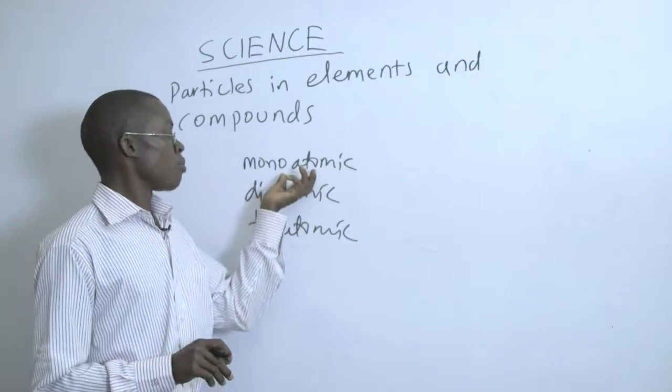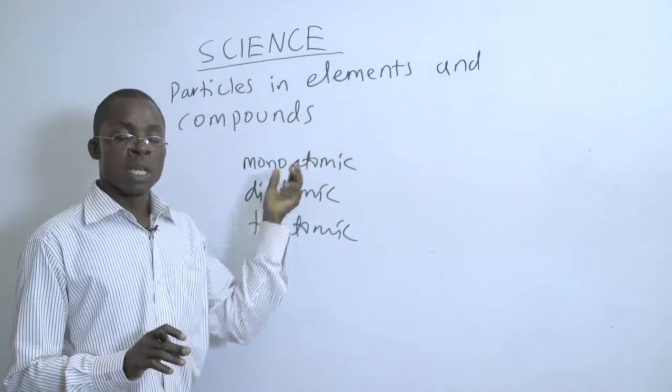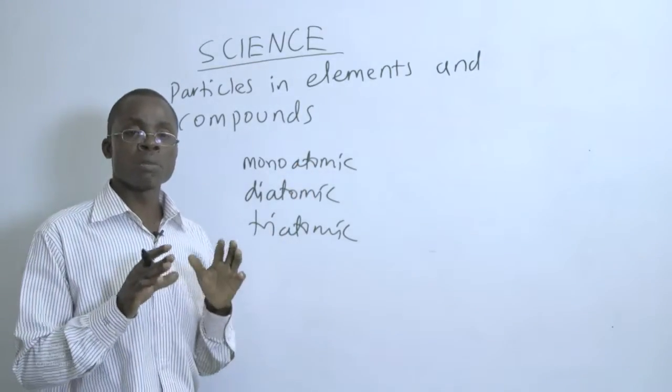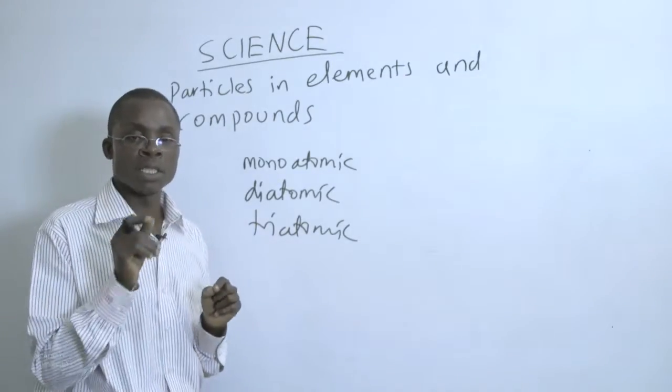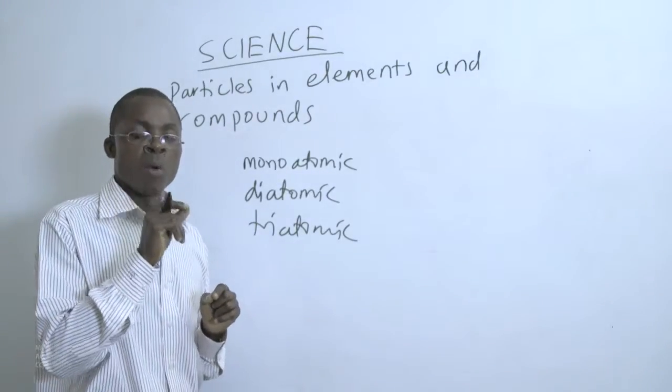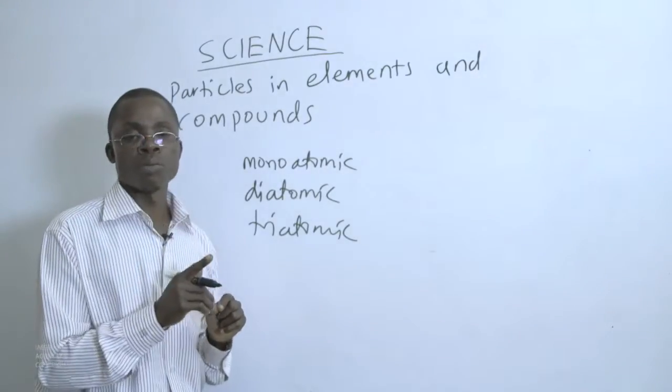When you talk about a monoatomic gas, these are substances that exist in gas form, the gaseous state. But when you look at them, you find it is just a single atom.